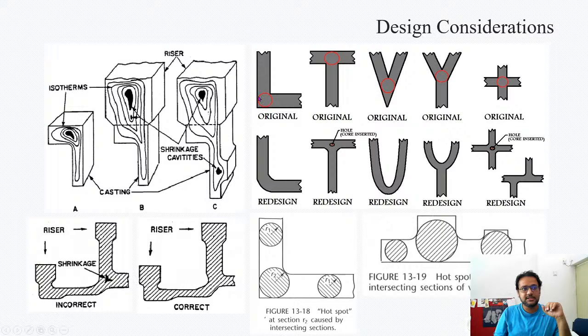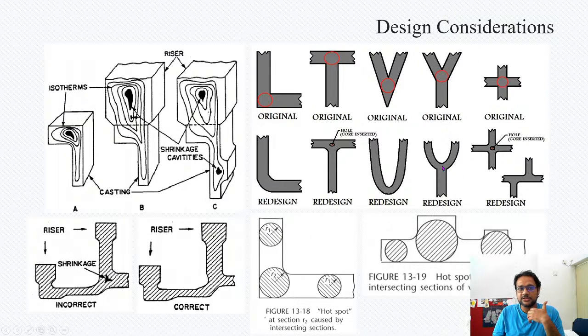So you have this, let's say this kind of T shape you want to cast, right? So if you can see these circular areas, these places will have a larger amount of material than the surrounding areas because of the nature of this design. So it's better to have a design which has a smooth flow like this rather than a sharp directional change like this, so that you minimize it.